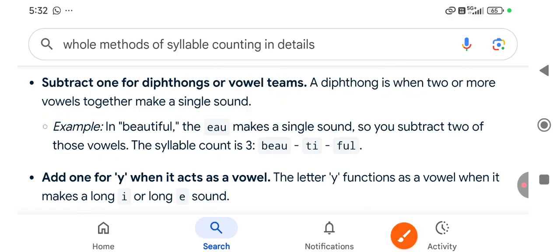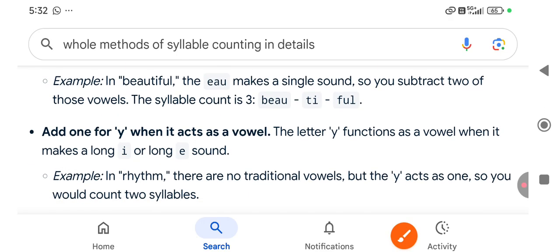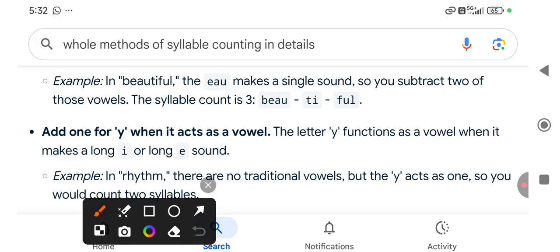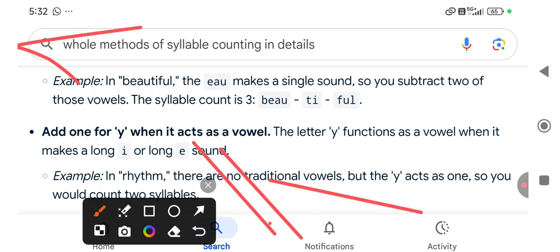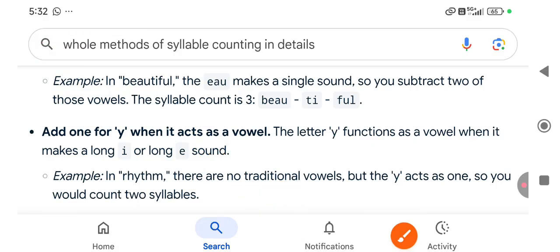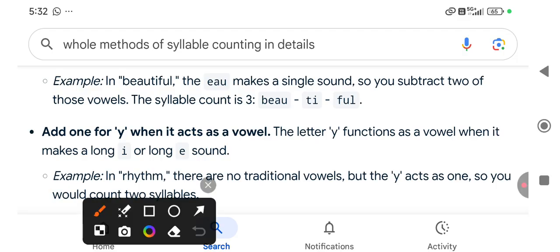So what should we do? Example is beautiful. Earlier we saw that word, but here, how many syllables are in beautiful? Just three, right? So we have to look at the sounds of beautiful. The first syllable is EAU, not BAUT, not full.